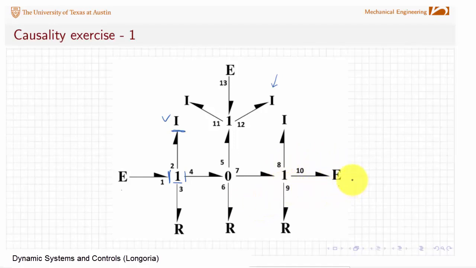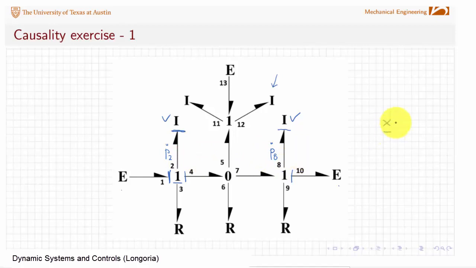So I need to go to the next effort source, effort, right? Now I can apply integral causality on this guy, and that's my second state. So this is, let's call this P2, right? Second bond, P8. So I've got two states so far, P2 and P8.